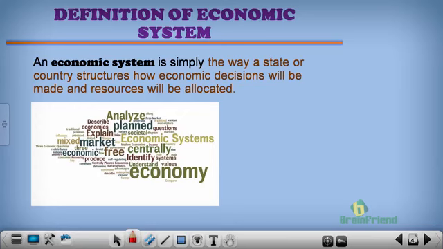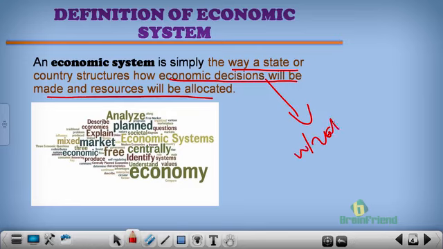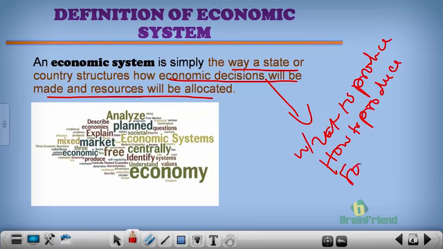Let's just go a little backwards to our previous class. We talked about economic system, where we defined it simply as a way a state or a country structures how their economic decisions will be made and how their resources will be allocated. And now their economic decisions are based on how to solve the economic problems, which is in line with the questions, what to produce, how to produce, and for whom to produce.